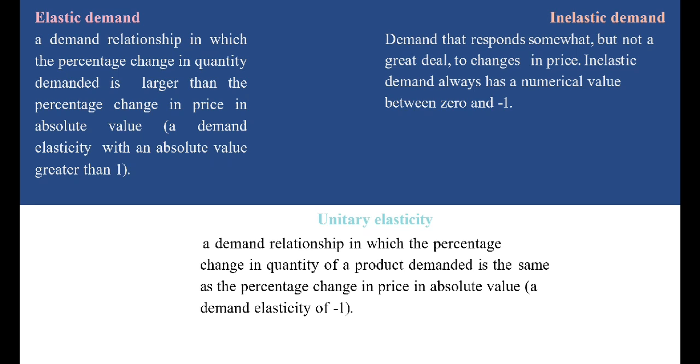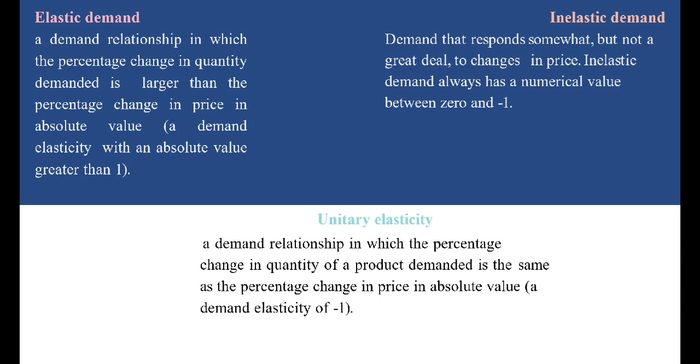Elastic demand: a demand relationship in which the percentage change in quantity demanded is larger than the percentage change in price in absolute value, or a demand elasticity with an absolute value greater than 1. Inelastic demand: demand that responds somewhat but not a great deal to changes in price.